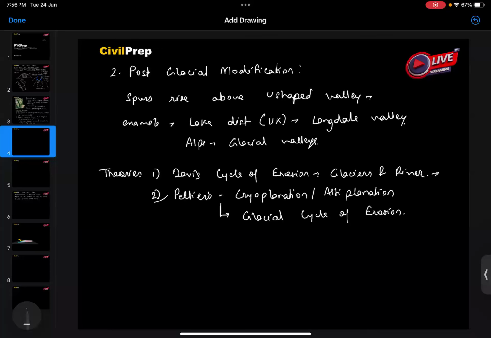Peltier was one of the students of Davis. Davis has not given a separate cycle for the glaciers. Therefore, Peltier, being a student of Davis, following in the footsteps of Davis with respect to the cycle of erosion, developed this concept here.